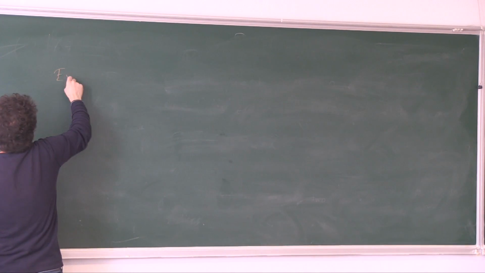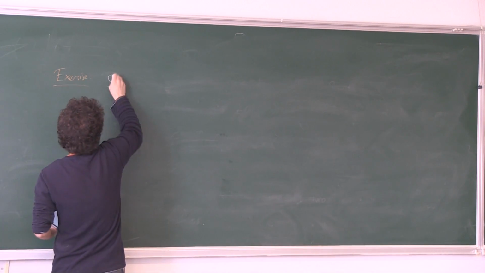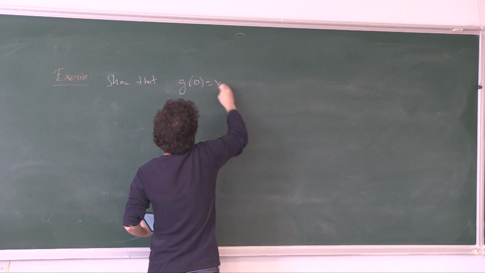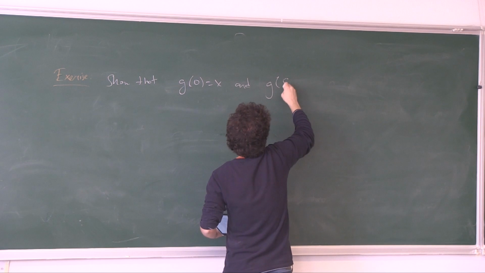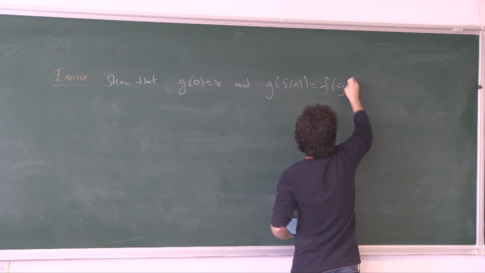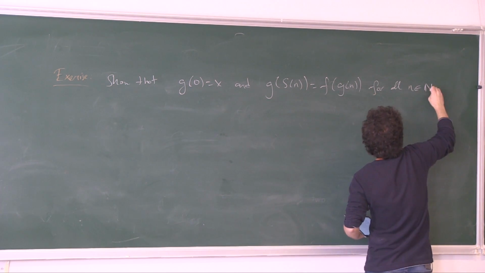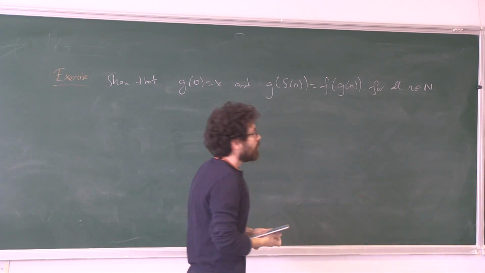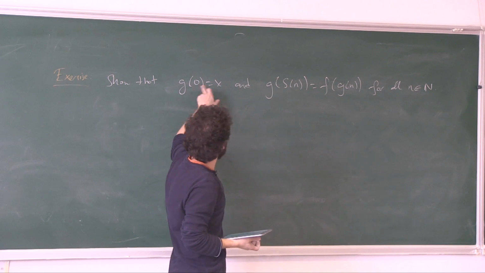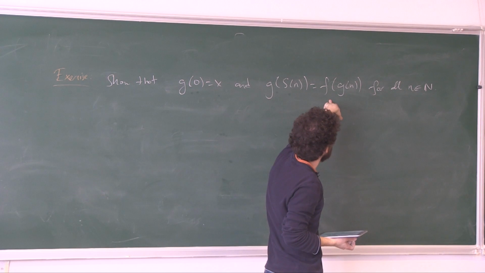Exercise: show that g of 0 is x and g of s of n is f of g of n for all n in N. The domain of g is everything, so I can check whether g of 0 is x or whether g of successor of some number equals this guy.